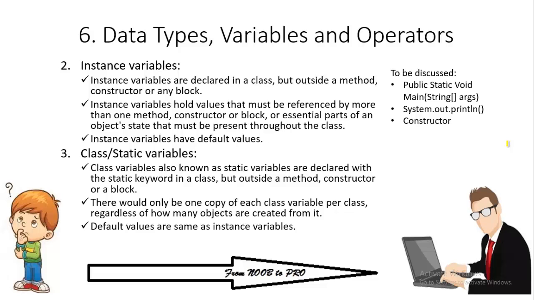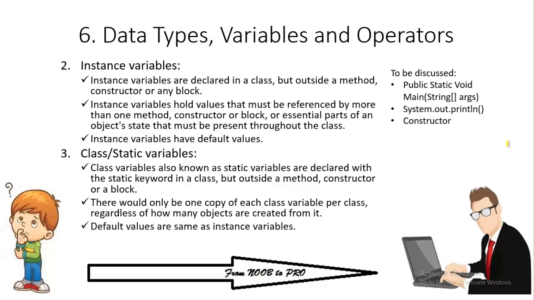But if we define a static variable like school, right? The name of the school, for example, like Thomas Jefferson High School, right? So then all the student objects will have this same value for the school name. So this is called the static variable.